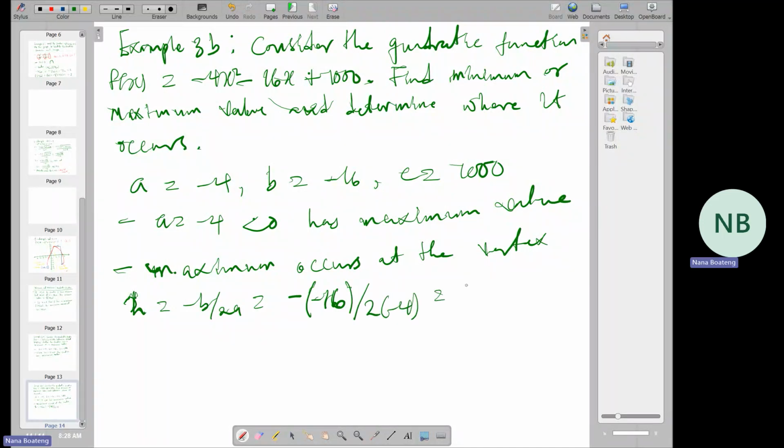So this becomes positive 16 divided by negative 8, which is negative 2.